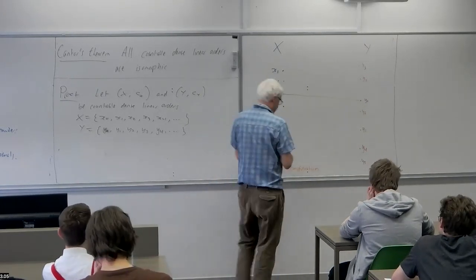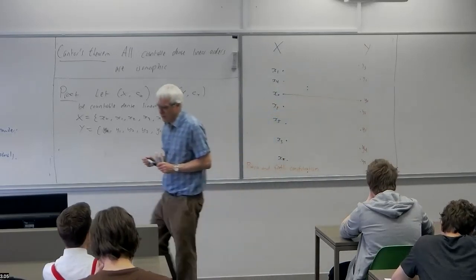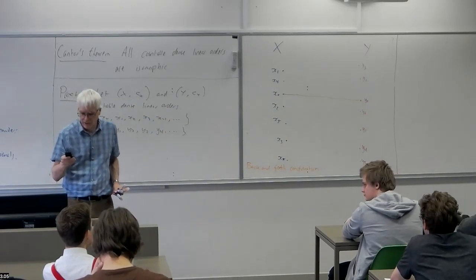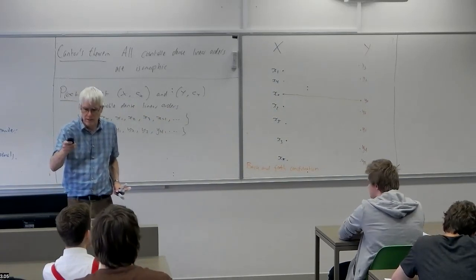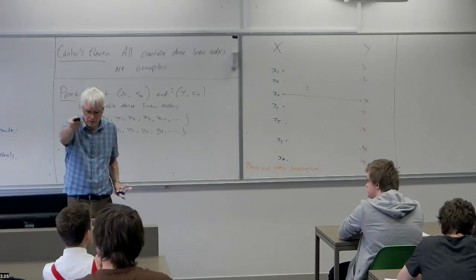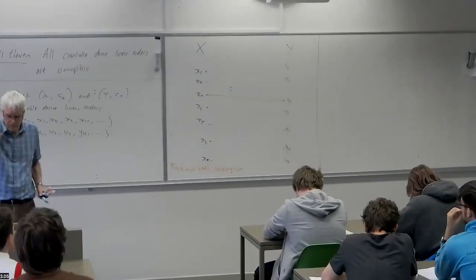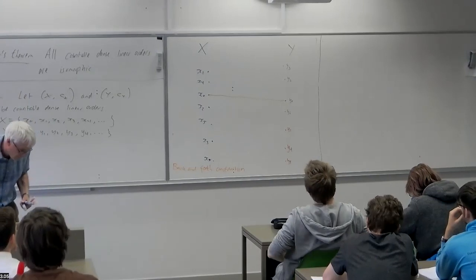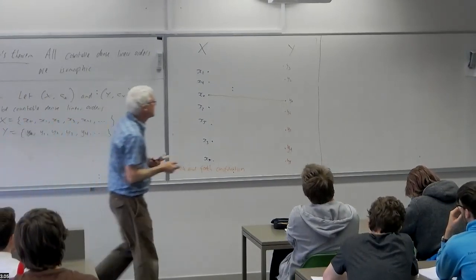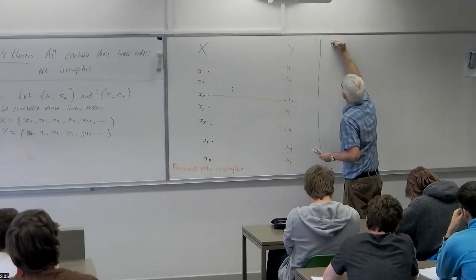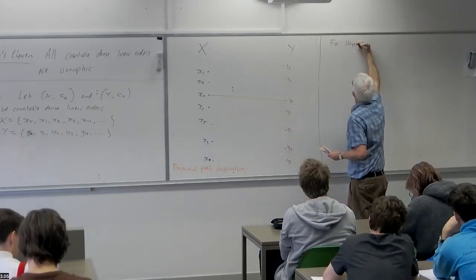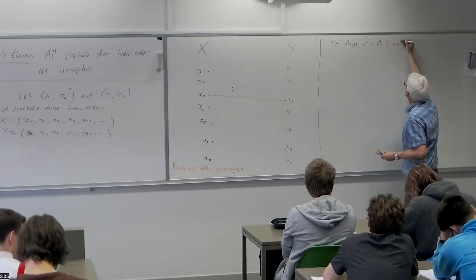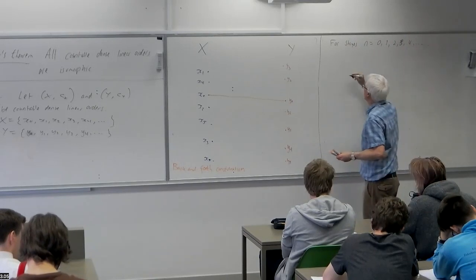So maybe I'll continue the proof in writing on the right-hand panel here. Let's just move the camera very slightly. So we're doing it in stages. The stages n equals 0, 1, 2, 3, 4, and so on, starting counting at 0.